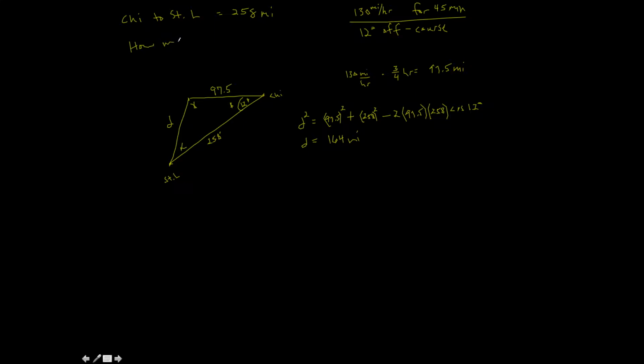Now, the question says, how much longer will the flight take? How much longer? That's time, folks. We have distance, but we can use that distance to get time. We can take that 164 miles and divide it by the 130 miles per hour that we have up here, and we get time.